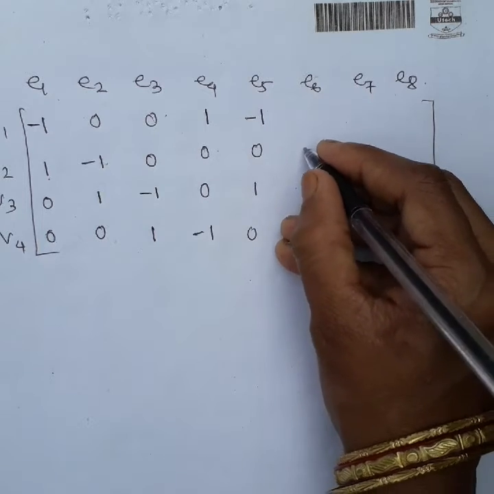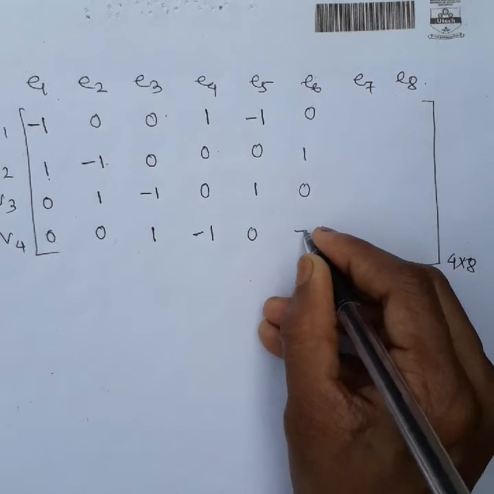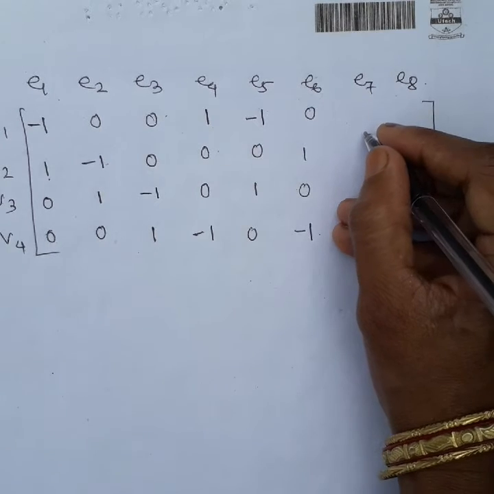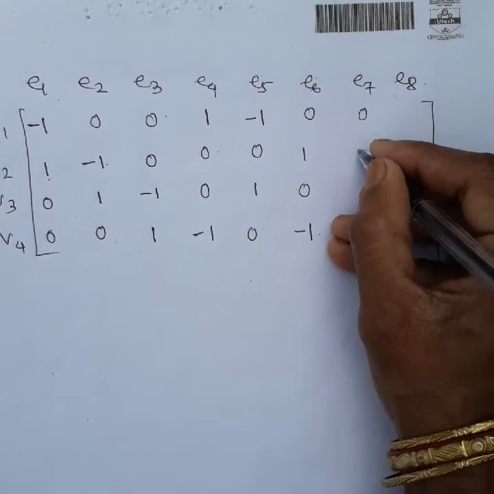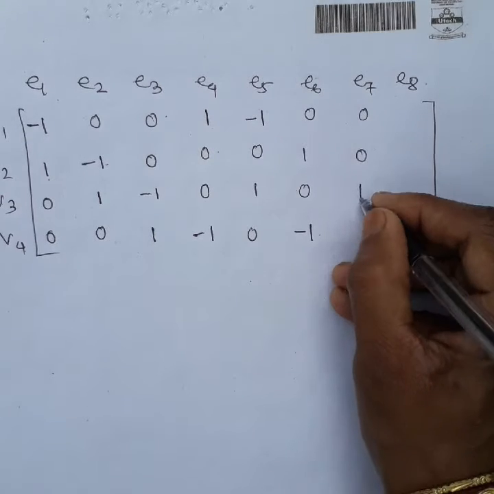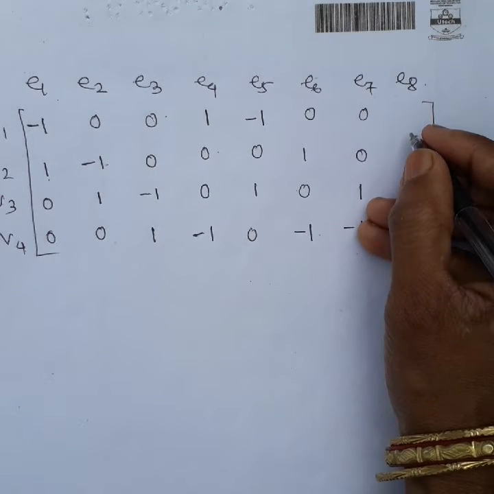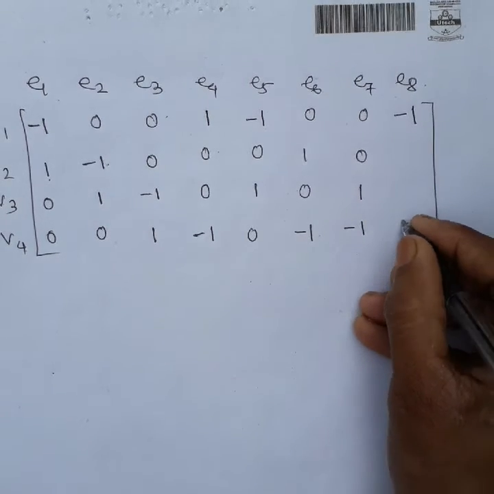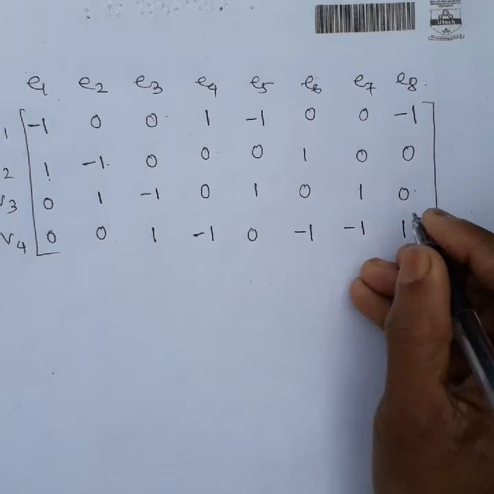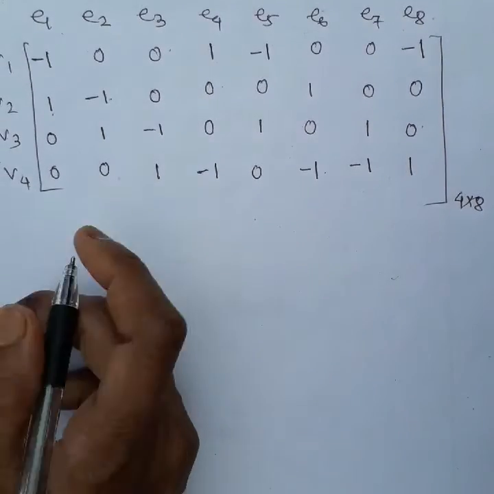That means this position is -1. And E7 is between V3 and V4 and direction towards V4, so it is -1. And E8 between V1 and V4, direction towards V1. Okay, so this is our incidence matrix from the diagram.